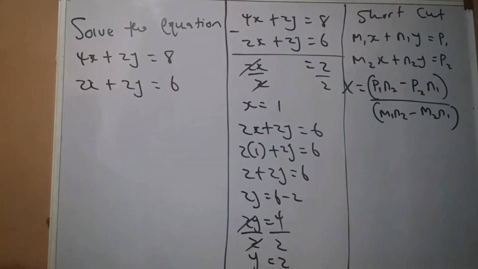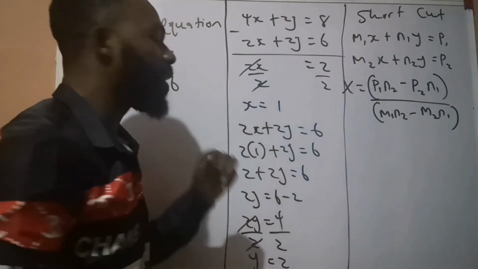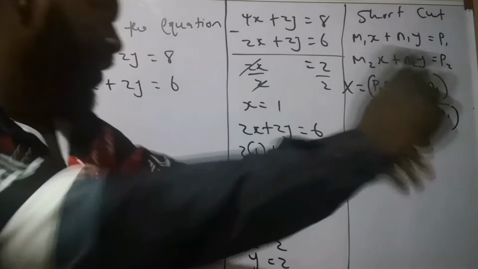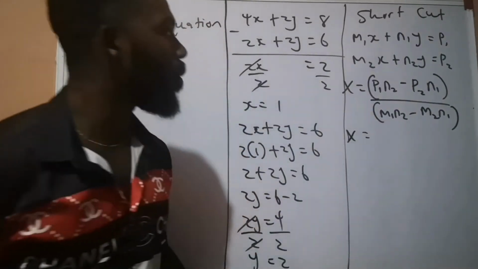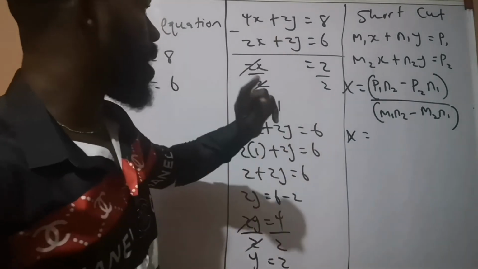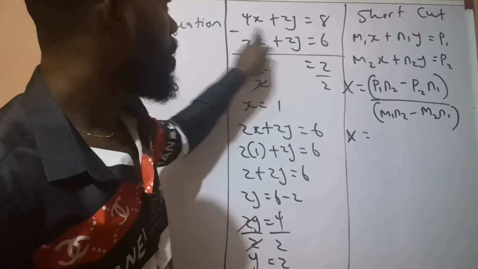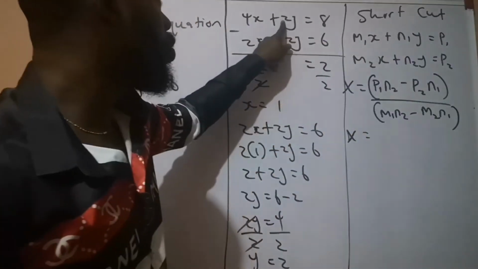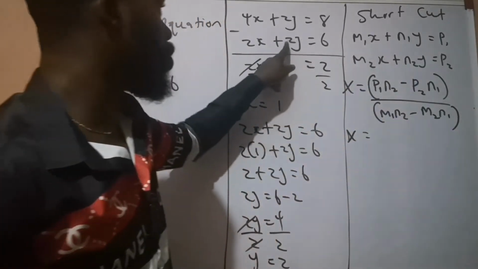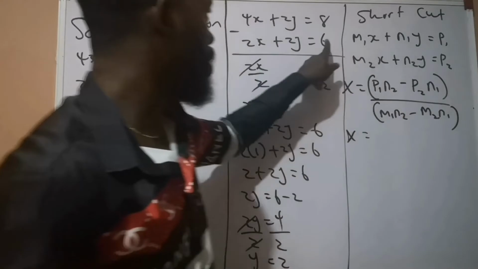Now let us apply this formula to solve this question, and we should get x as 1. Let us begin. In this question my m1 is 4, my m2 is 2, my n1 is 2, my n2 is also 2, my p1 is 8, and my p2 is 6.